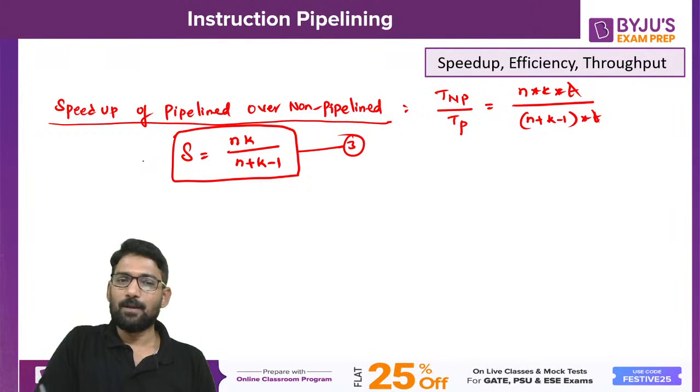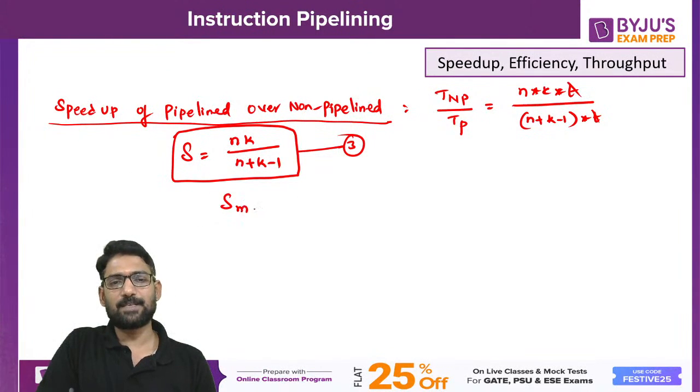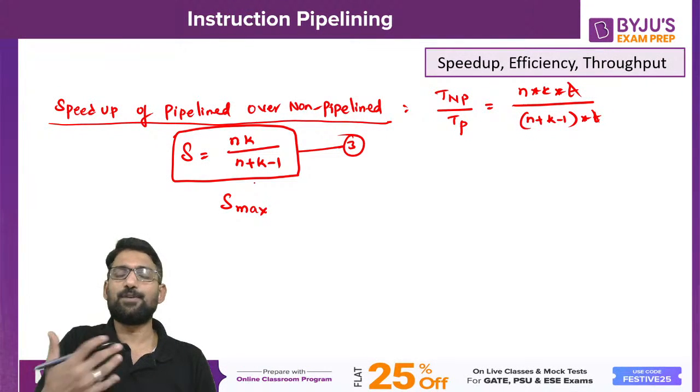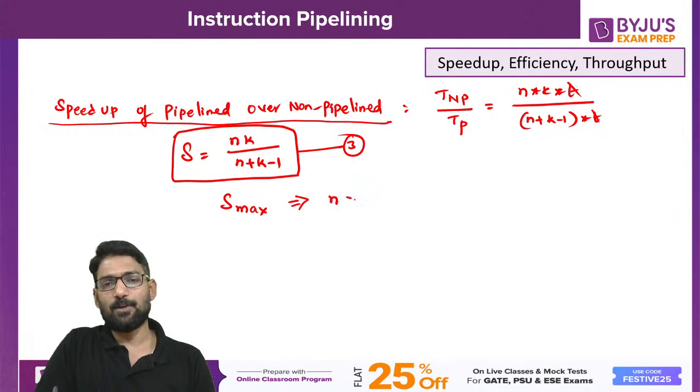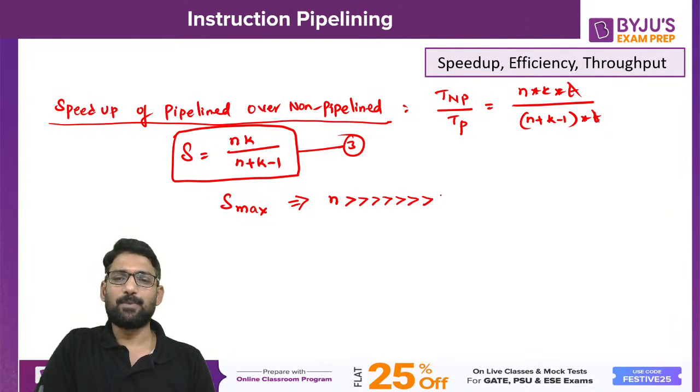Okay. Now, if you want to get maximum speed, you should execute maximum instructions. So if you want S max, the number of instructions must be huge, but the number of stages will always be limited, because how many stages do we have?